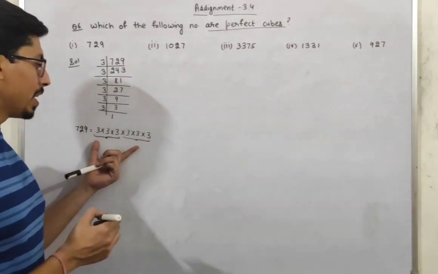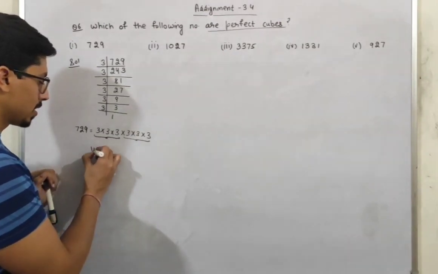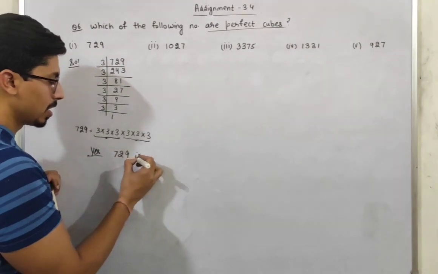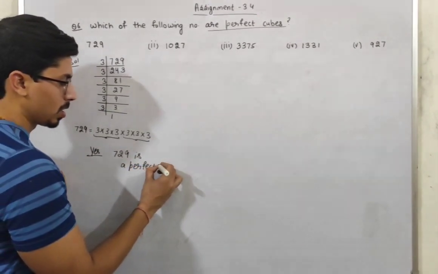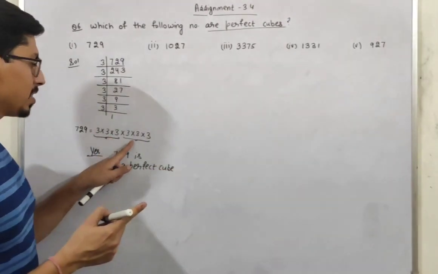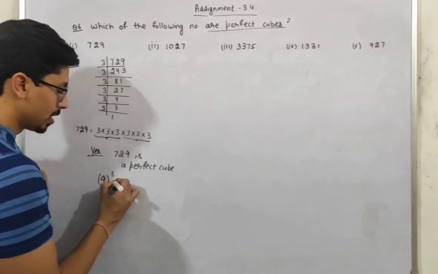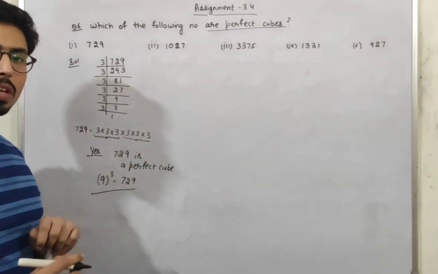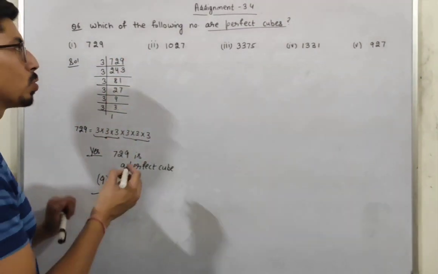So yes, every number is making a group. So yes, 729 is a perfect cube. Okay, students, and it will be 3 3s are 9, and it will be 9 cube. So 9 cube is 729, students.